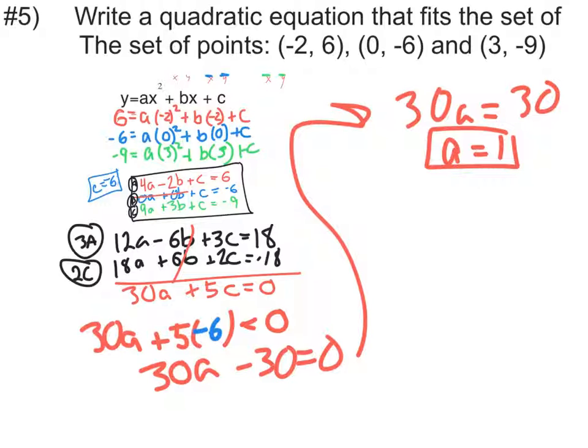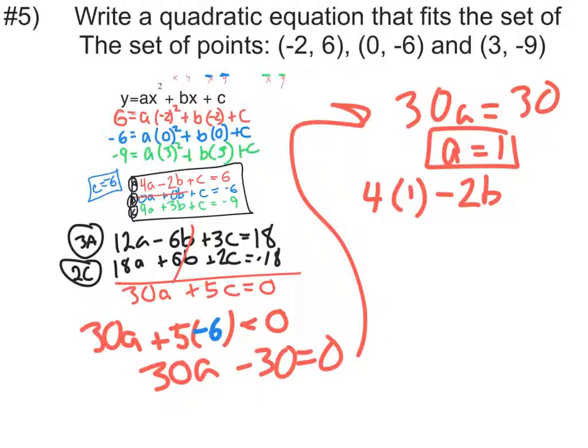And how do we find the B value? Substitute it into any equation you want. And I'm going to go for the top one, A. So I'm going to end up with 4A, which is 4 times 1, minus 2 times B, which we don't know B yet.